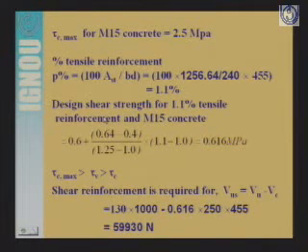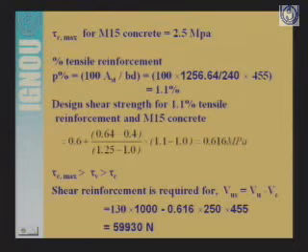Here, for this M15 grade of concrete and 1.1 percentage of tensile reinforcement, we have to find the value of tau c. In the code, when you do not find the value directly corresponding to a particular percentage of tensile reinforcement, then you have to interpolate to get the value of tau c.